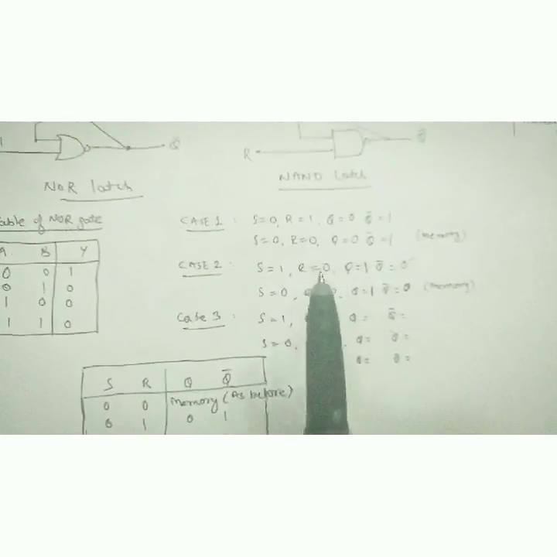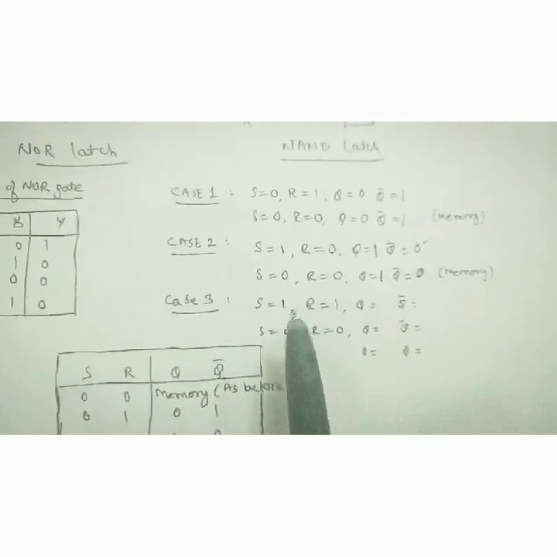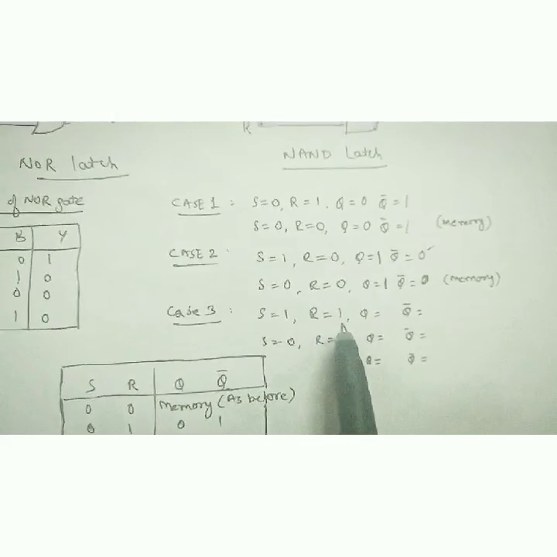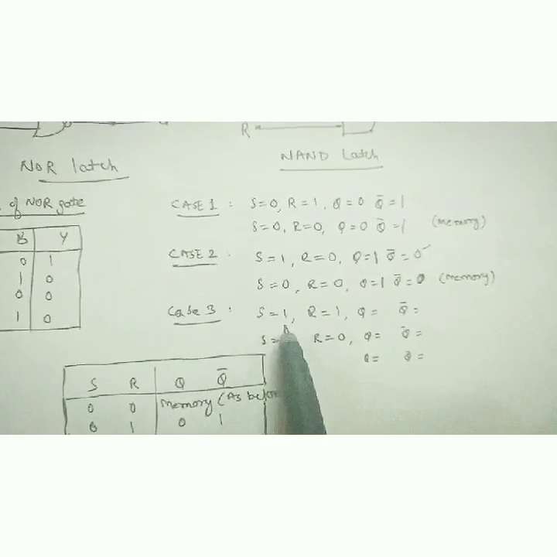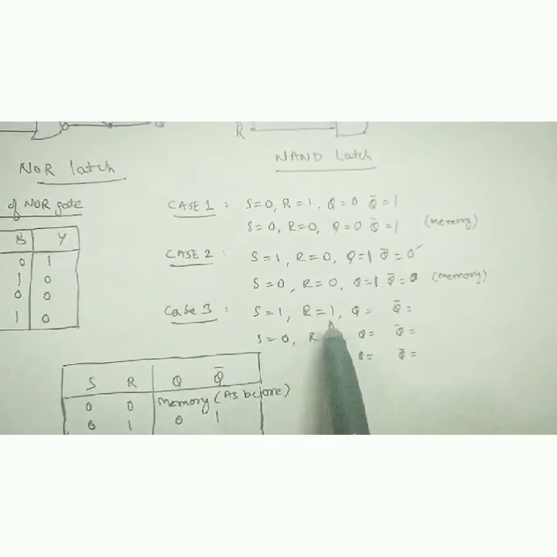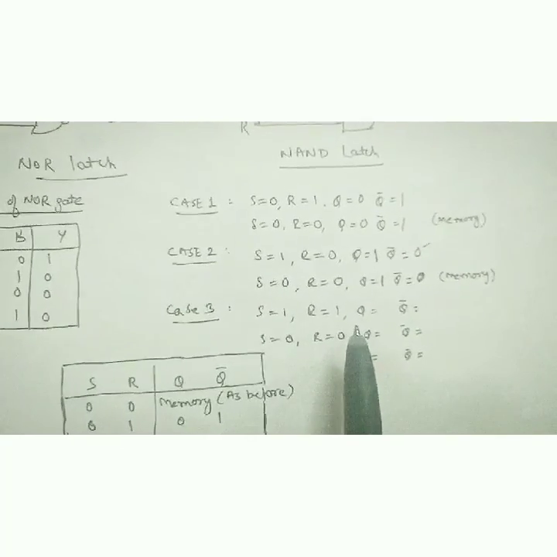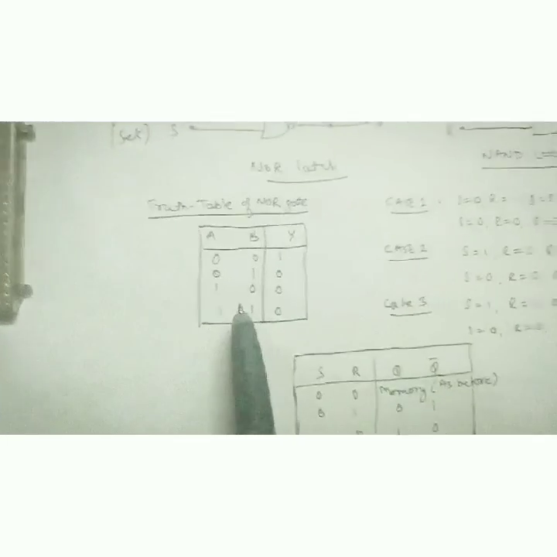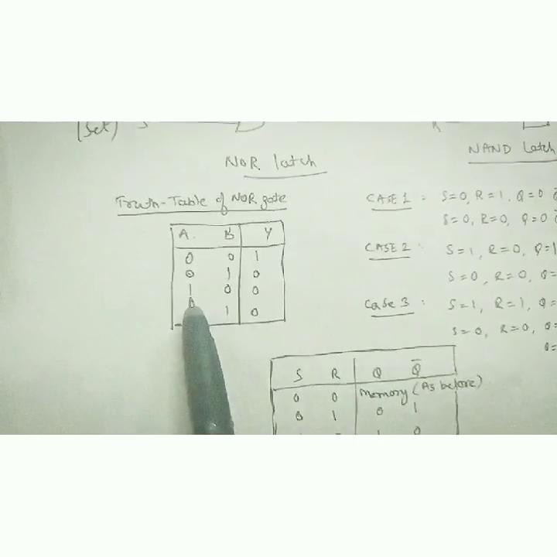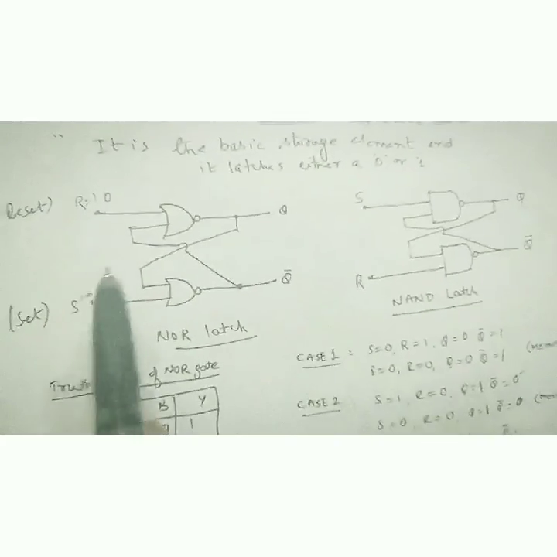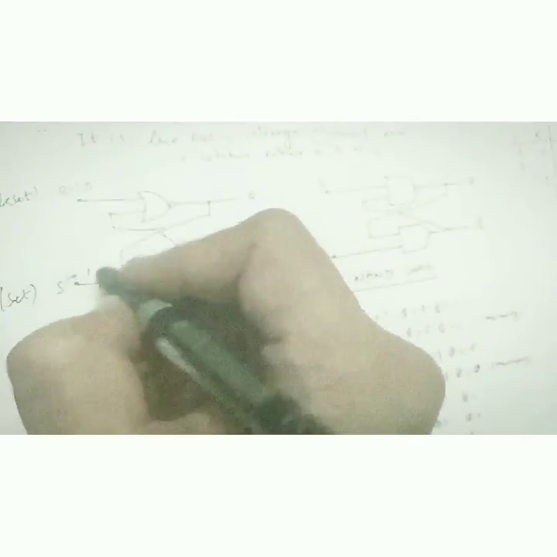Now let us consider the third and very interesting case, in which both the inputs are 1, that is S is made 1 and R is made 1. So what will happen in that case? As we know, if any of the inputs is 1, it causes the output to be 0. So what will happen if we make both S is equal to 1, R is equal to 1?